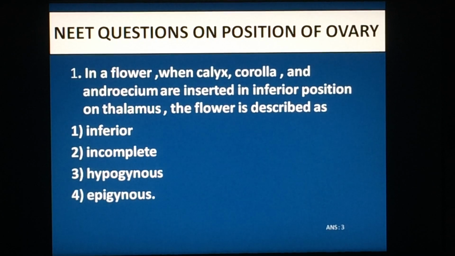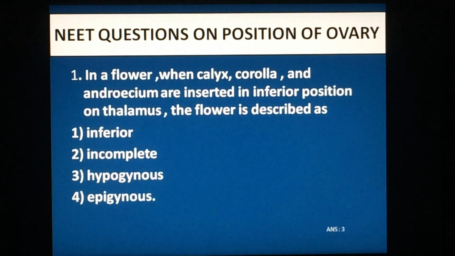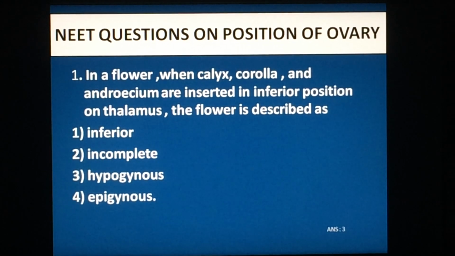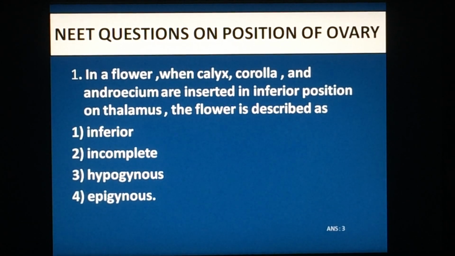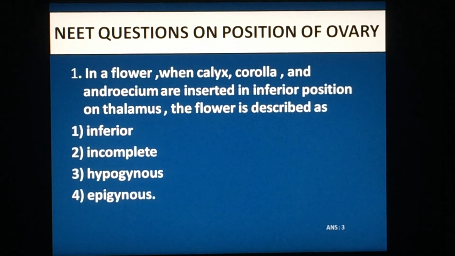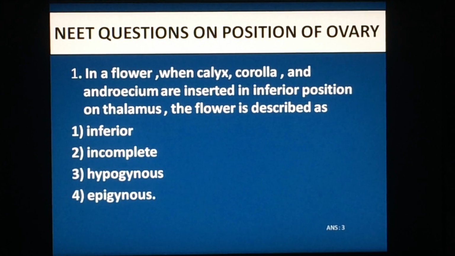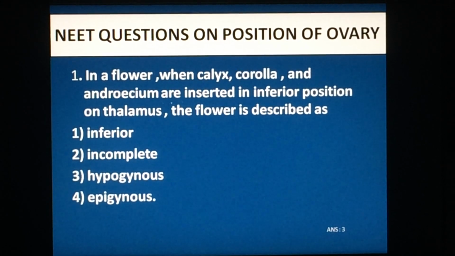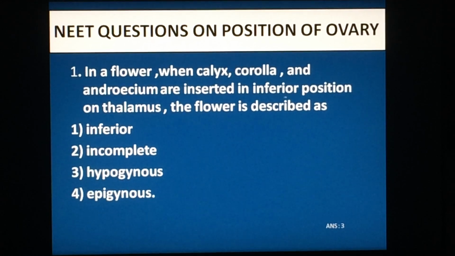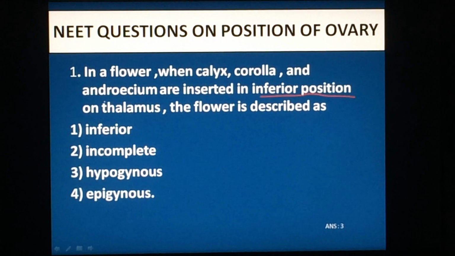So apart from this, some questions I will take from position of ovary, where hypogynous, perigynous, epigynous. Already in the previous video I explained about this. Let me take some questions about position of ovary also. In a flower, when calyx, corolla and androecium are inserted in inferior position on the thalamus.